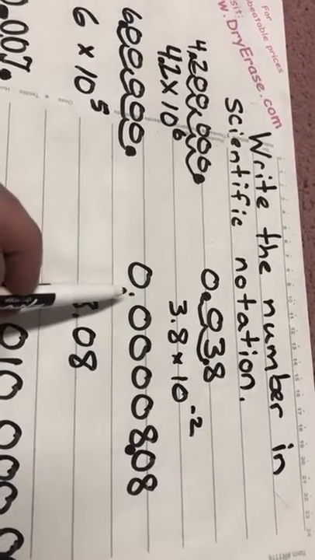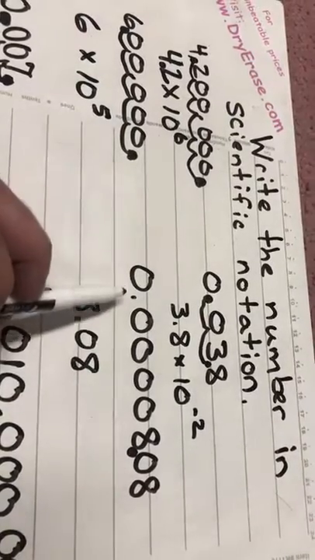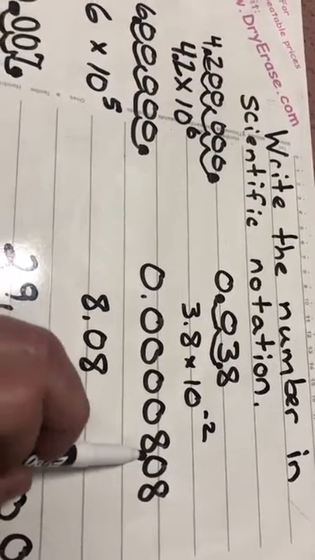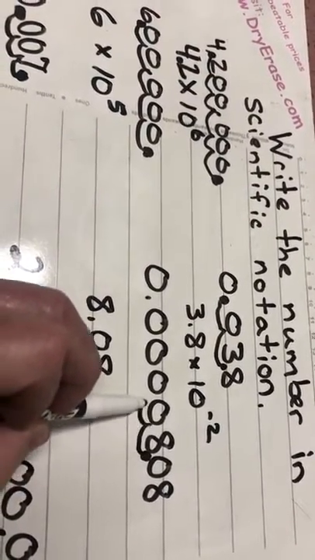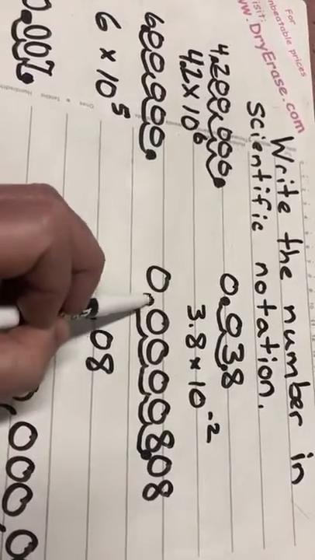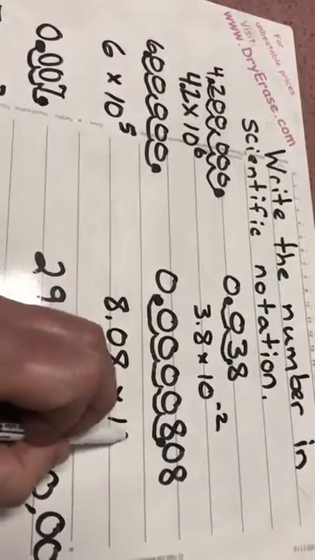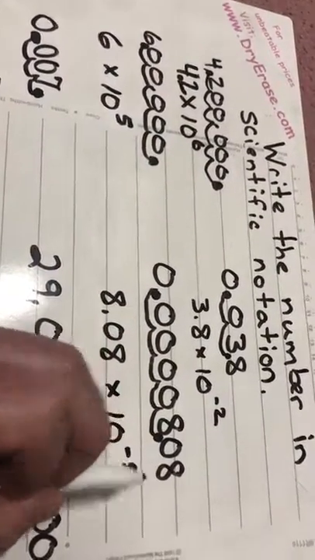But in my original number, the decimal is here. So I'm moving it to the left. So once again, it's going to be a negative exponent. 1, 2, 3, 4, 5. I'm moving it 5 places to the left. 8.08 times 10 to the power of negative 5.